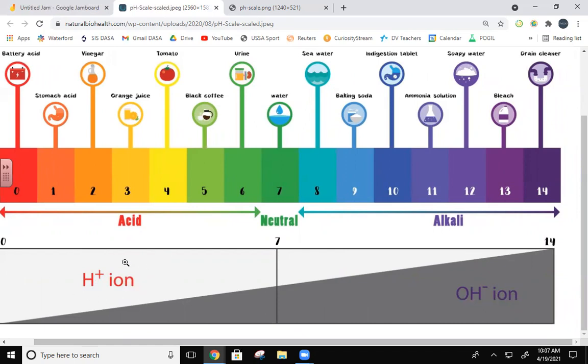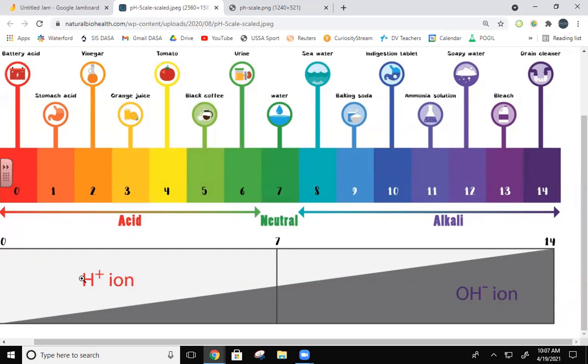The higher the number of hydrogen ions that we have, the more acidic it is. The higher number of hydroxide or hydroxyl ions, the more basic or alkaline it is.